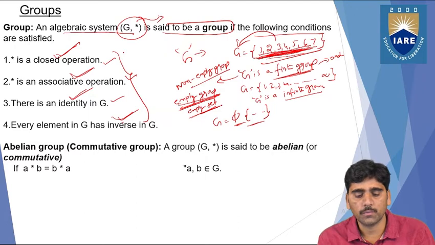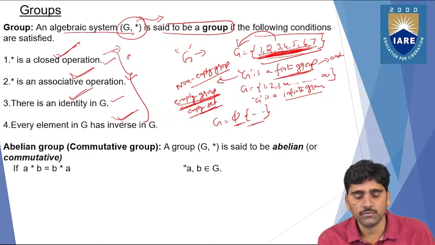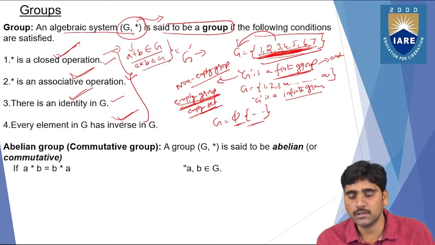So the closed operation: if A plus B, or A star B, belongs to the group, then the group is said to satisfy the closed operation.